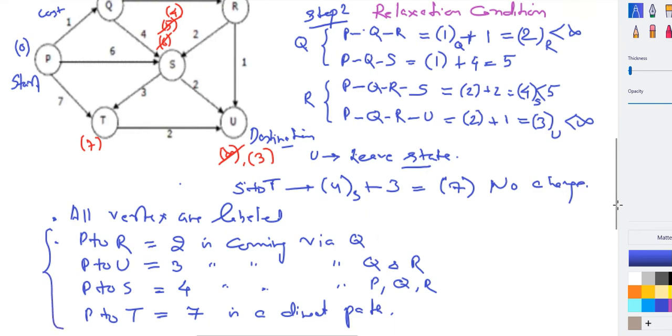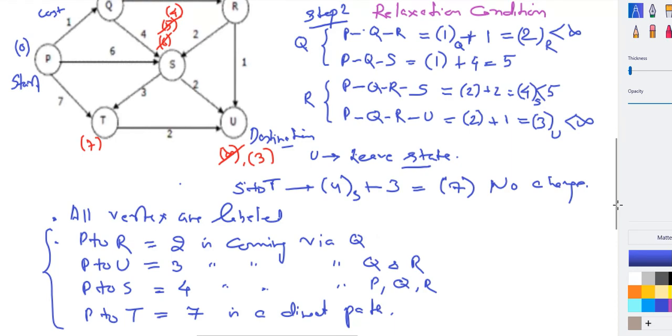If vertex P wants to go to U, then which is the best path to follow? You have to see the weight up to R. It is 2. So 2 plus 1, 3. If it follows via T, then it is 7 plus 2, 9.